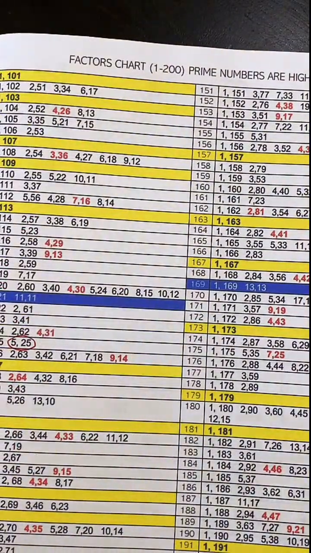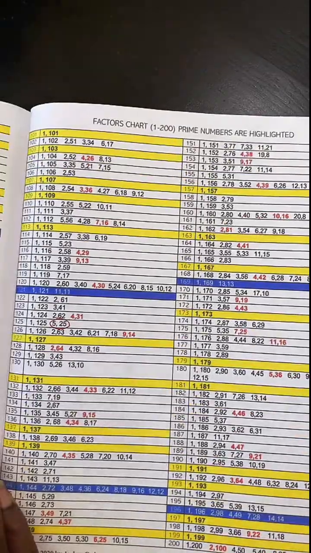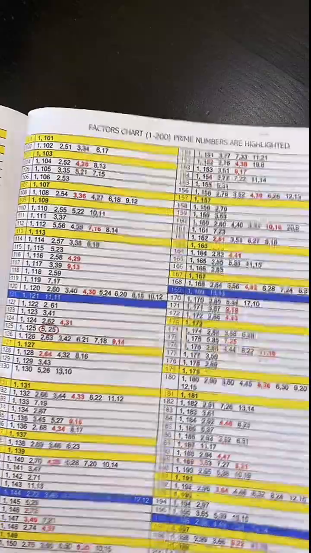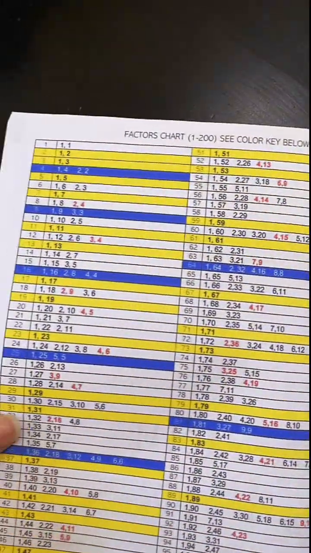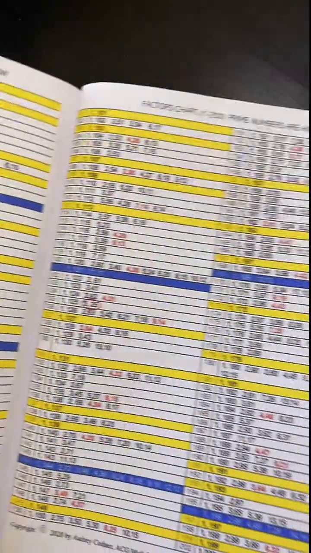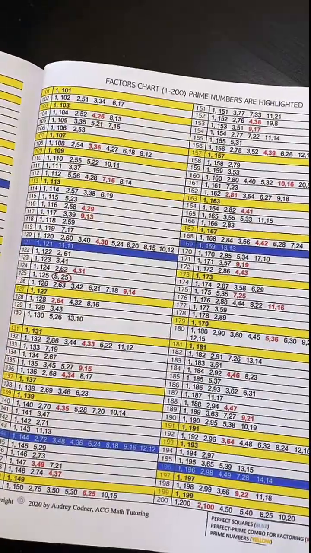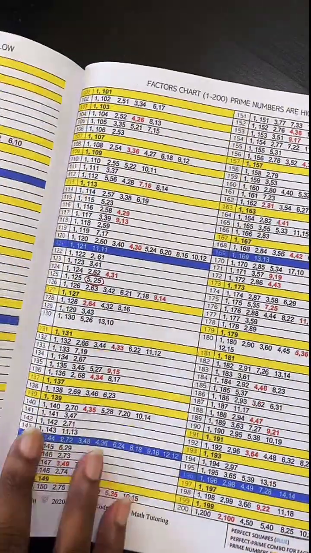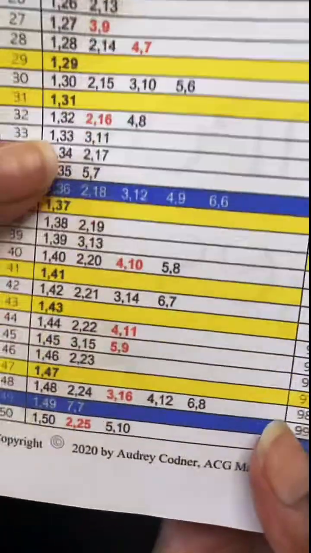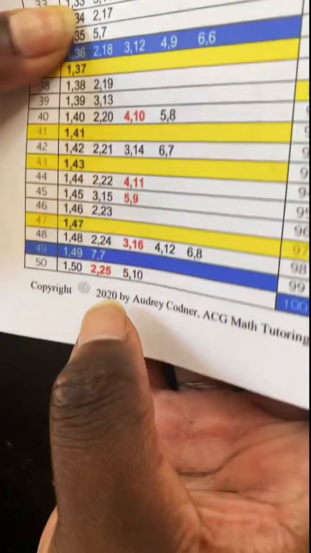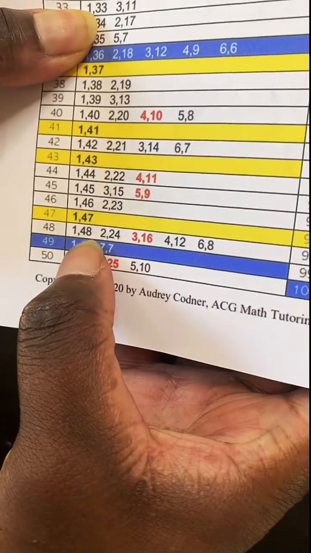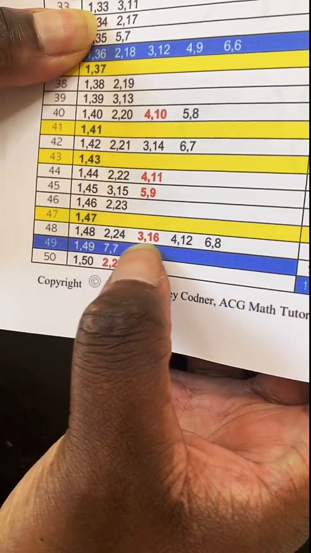If you are struggling with getting your factors, I have a list of factors in the very back from 1 all the way to 200. Like when you were trying to figure out your factors of 48, let's use that for an example. I would go back here and look at my factors of 48.